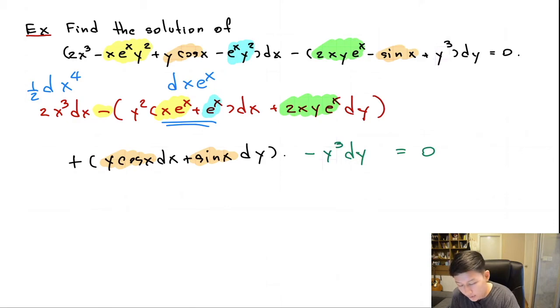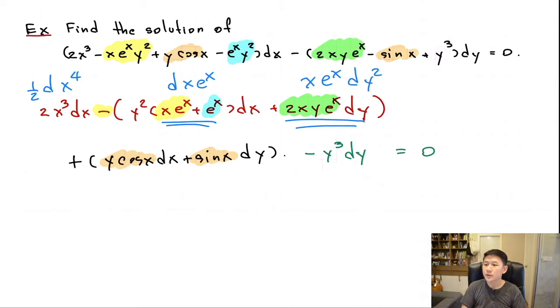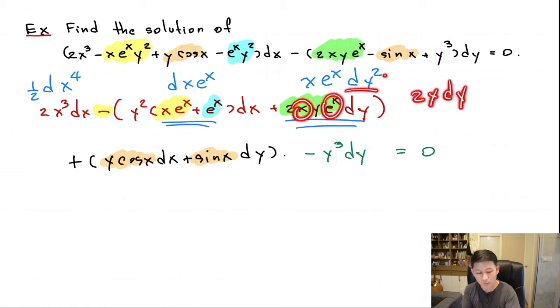And then what else? The next term is actually x e to the x dy squared. Make sense? Because it's x here, e to the x here, but dy squared is 2y dy. So we have 2y dy.